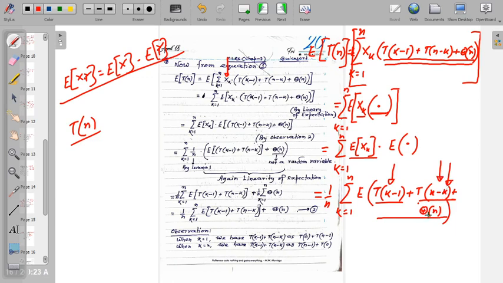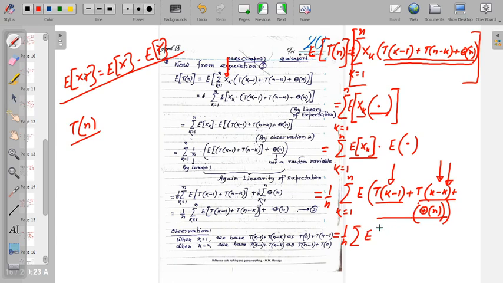So theta n is not a random variable; we can perceive it as a constant here. So by linearity of expectation, this is the expectation of, say, T of k minus 1 as X, T of n minus k as Y, plus some constant c.